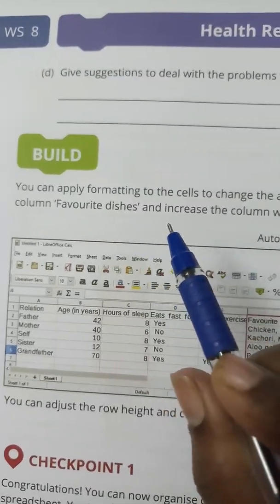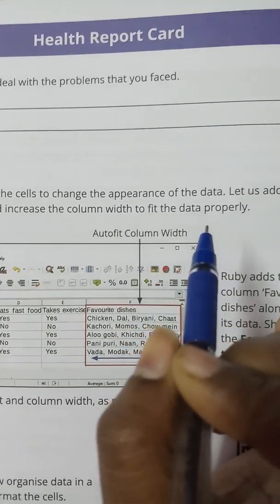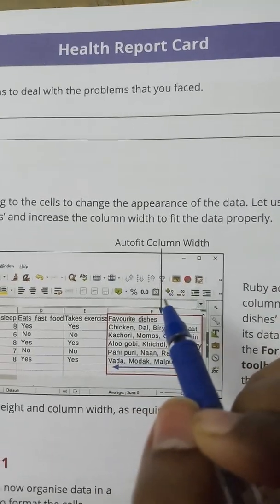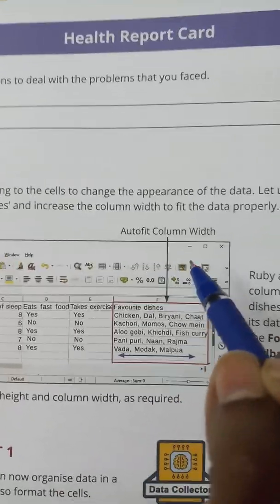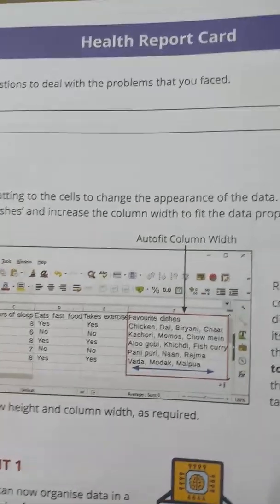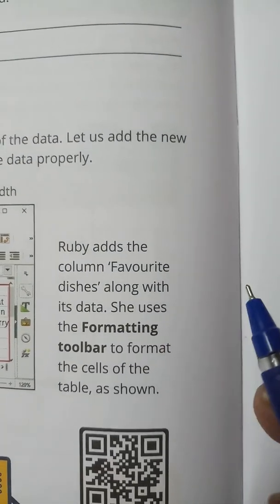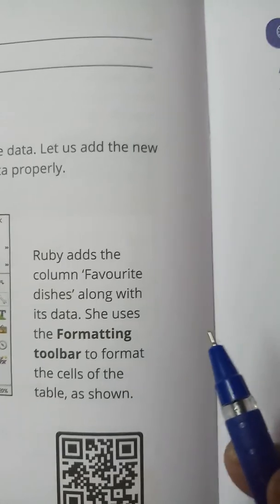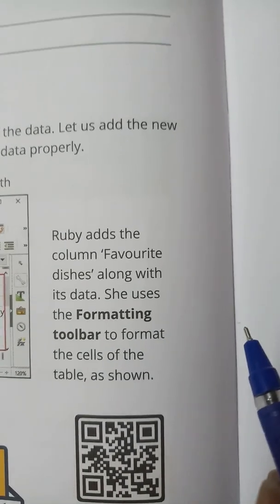Let us add the new column favorite dishes and increase the column width to fit the data properly. Now you all know how to auto fit column width and auto fit row height. Here Ruby adds the column favorite dishes along with its data. She uses the formatting toolbar to format the cells of the table.